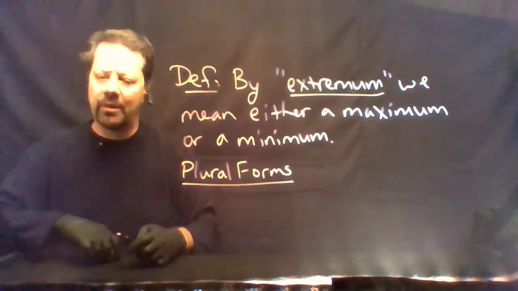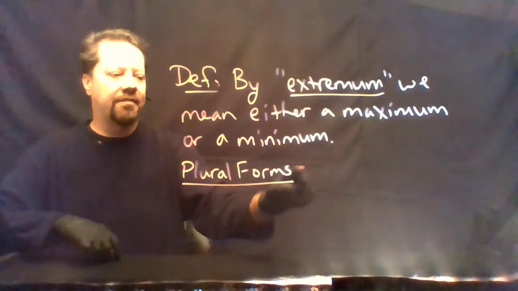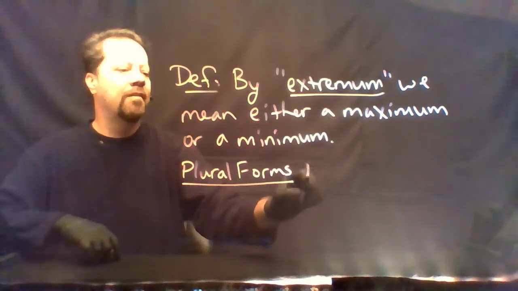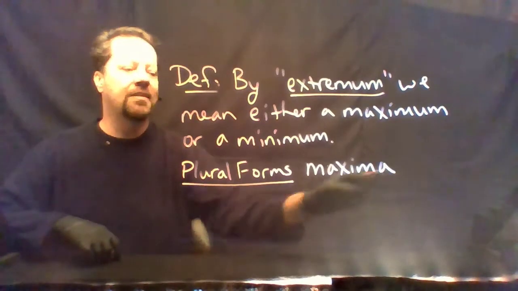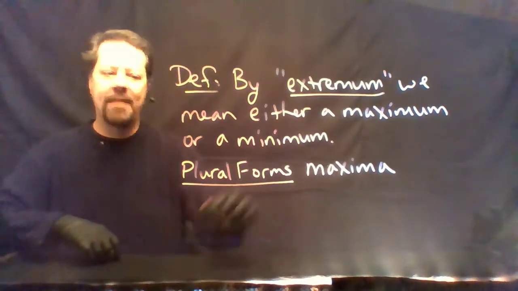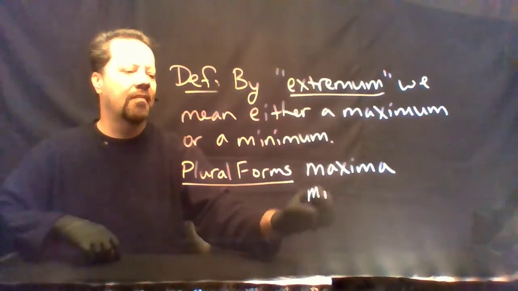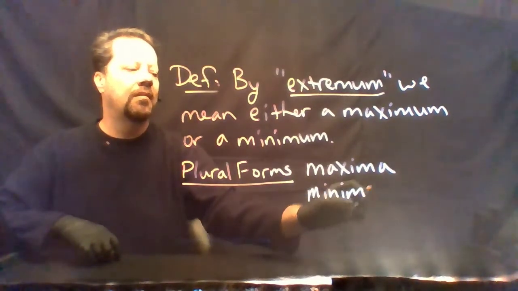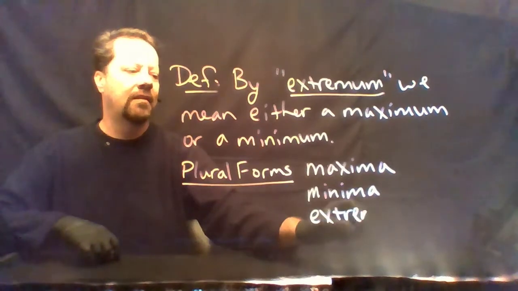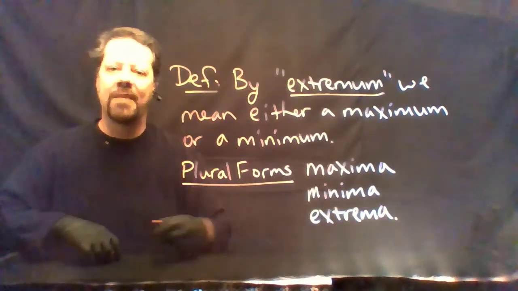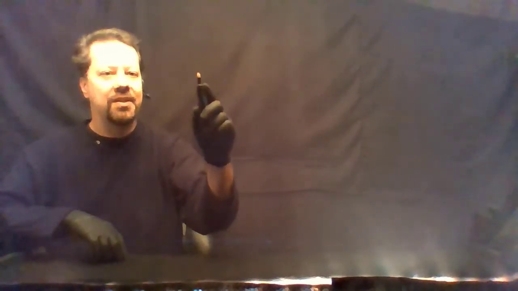One must learn the plural forms of these words. We have maxima, which refers to more than one maximum, minima, and extrema. There's a well-known theorem that you need to know.